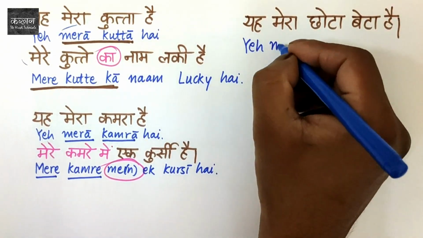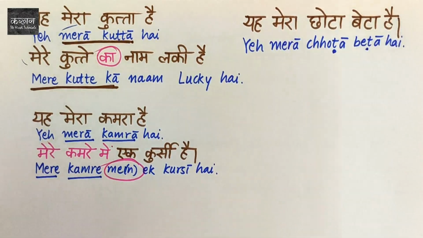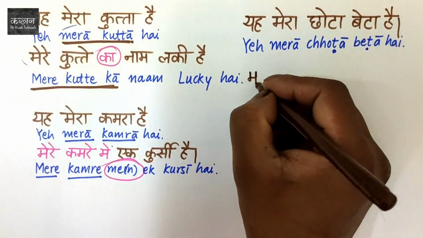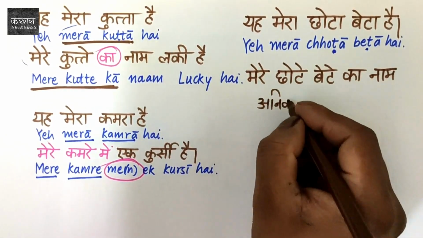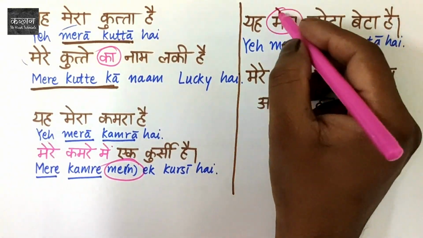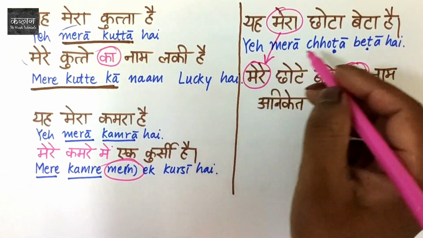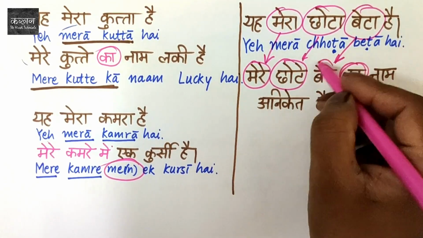He is my younger son. छोटा बेटा. Next sentence. मेरे छोटे बेटे का नाम अनिकेत है. Because of the presence of का, मेरा becomes मेरे, छोटा becomes छोटे, and beta becomes bete.